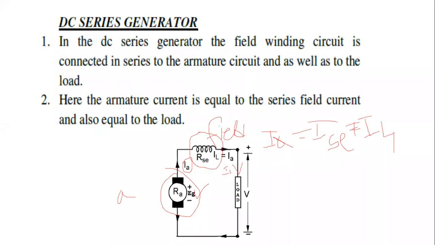The armature and the field winding are connected in series. What is meant by series? Series means the same current is flowing in all three cases.